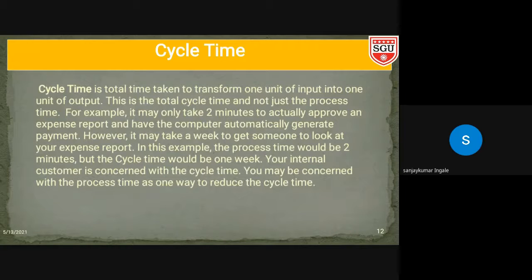For example, it may take 2 minutes to actually approve an expense report and have the computer automatically generate the payment. But it may take a week to get someone to look at your expense report. In this example, the process time is 2 minutes, but the cycle time is 1 week.